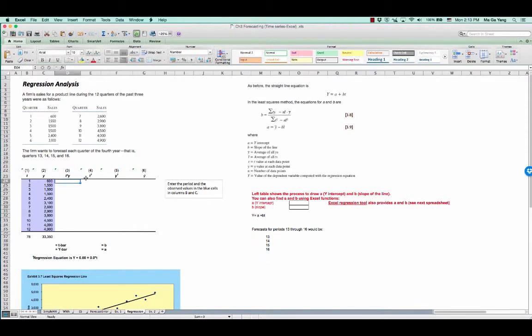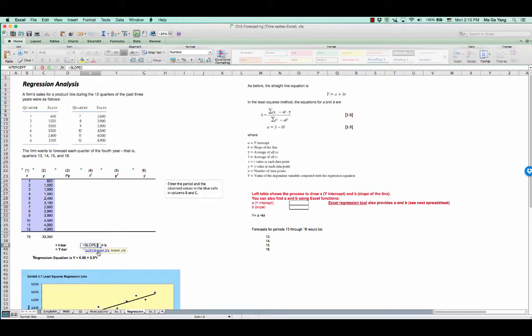Instead of going through this complex process, I would use the Excel functions for A and B. Start with B, which is the slope of the line. Simply put the equal sign and then the SLOPE function.